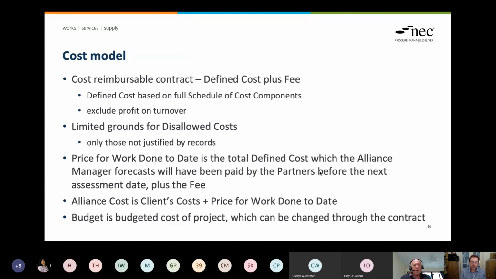But because of the nature of the alliance, the disallowed costs are a little bit different, aren't they? That's the one I'm drawn to. It's a far smaller scope in terms of disallowed costs than more traditional NEC contracts. You don't need an army of QSs for this one. Literally, it's almost an accountancy practice. If you don't have accounts and records to justify, then it's a disallowed cost.